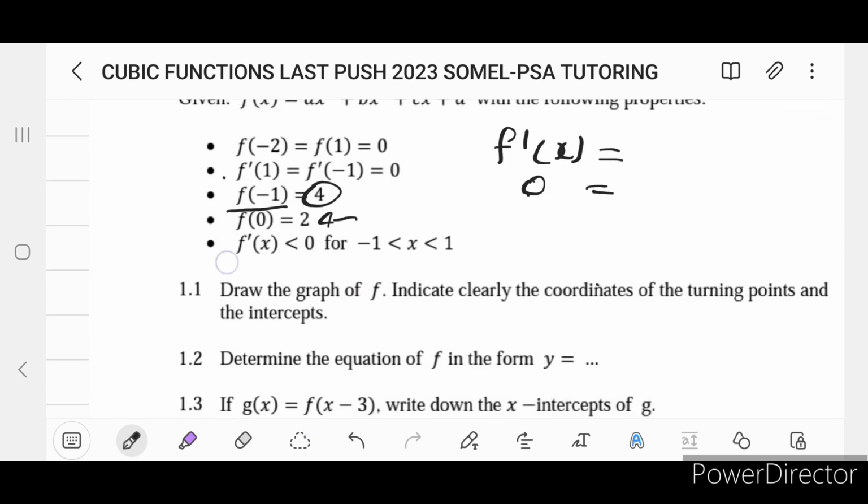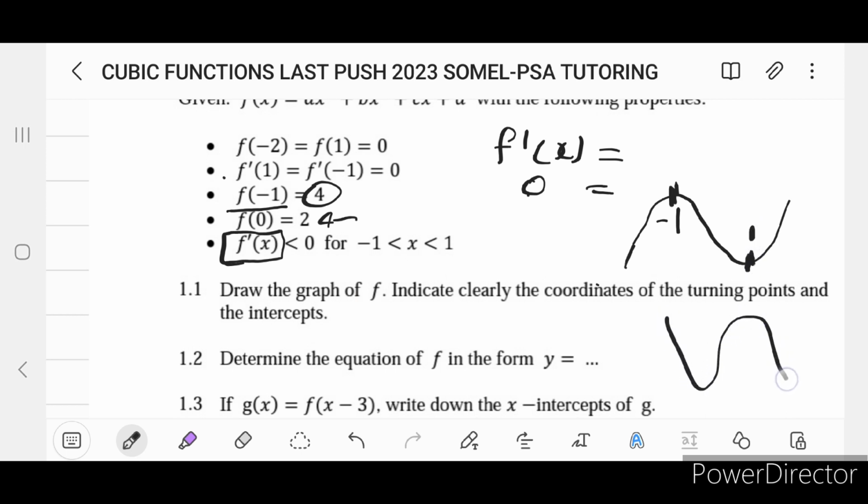And then remember, this notation represents gradient at any point. So they say gradient is negative. Remember, if I have a function like this, with the x value of one turning point -1 and the other 1, the gradient between the two turning points is increasing.